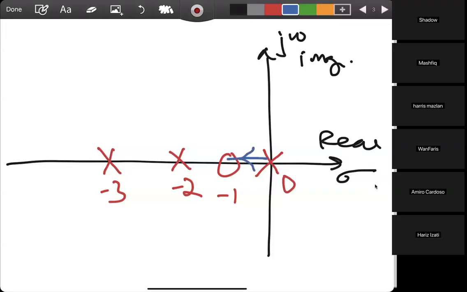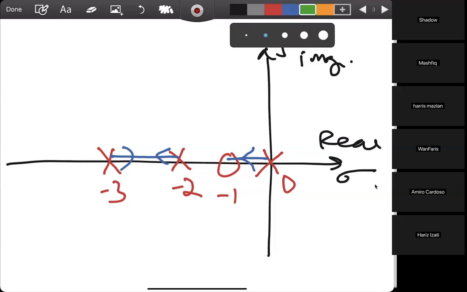Okay, and then the other one is this one. And then we draw the angle of asymptote.